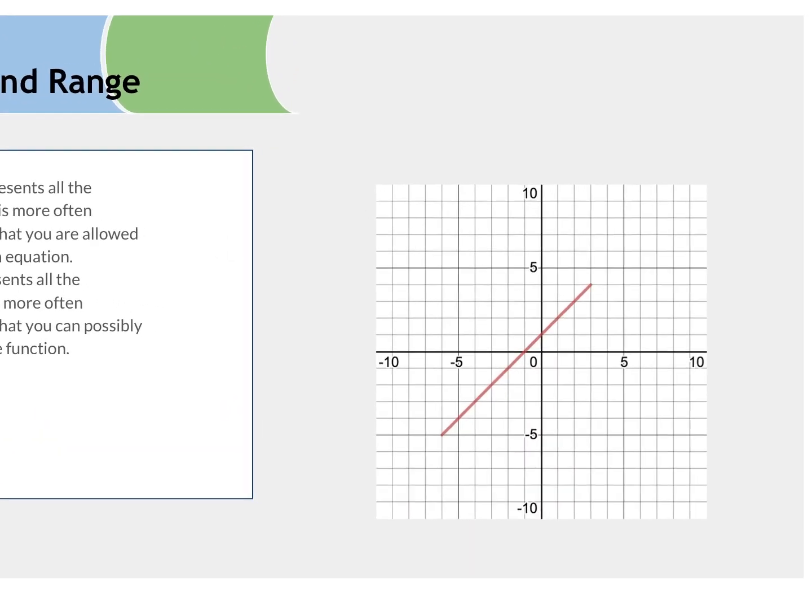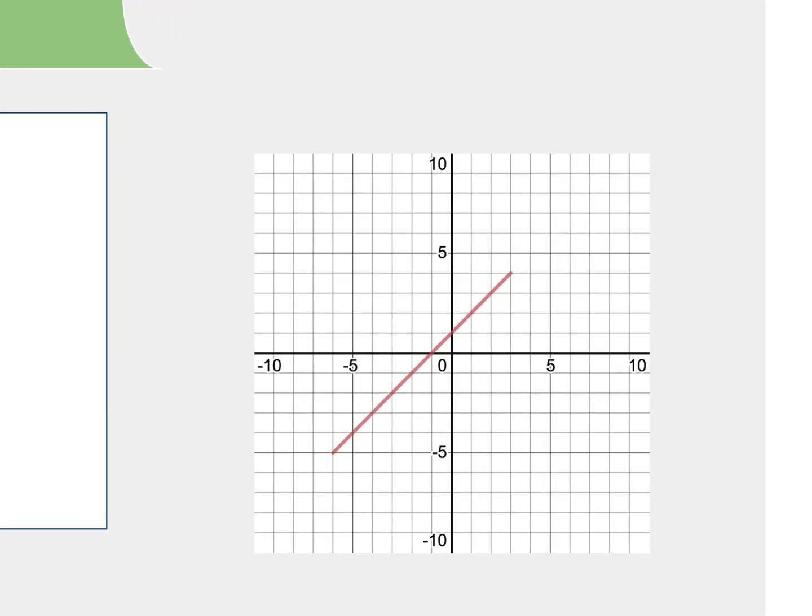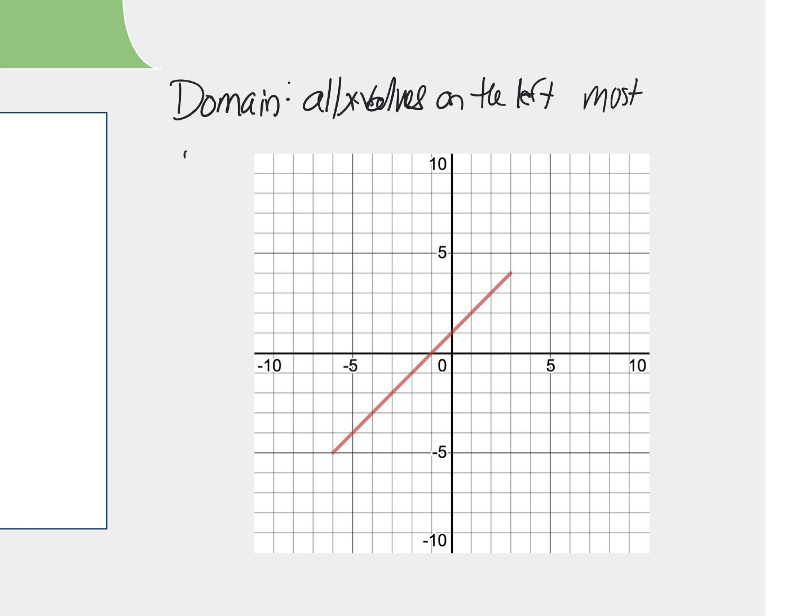So a little bit more on domain and range. As we talked about, domain as coordinates is pretty straightforward. In terms of a graph, it gets a little bit trickier. The way that you want to imagine domain is it is all x values on the leftmost part of the graph to the rightmost part.